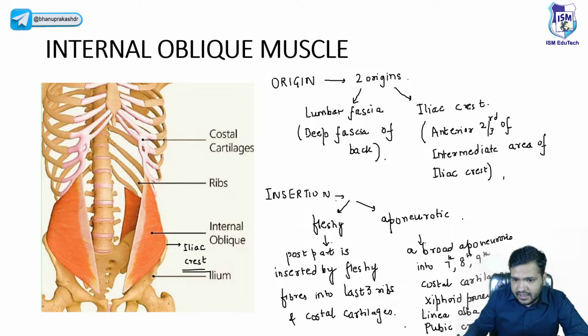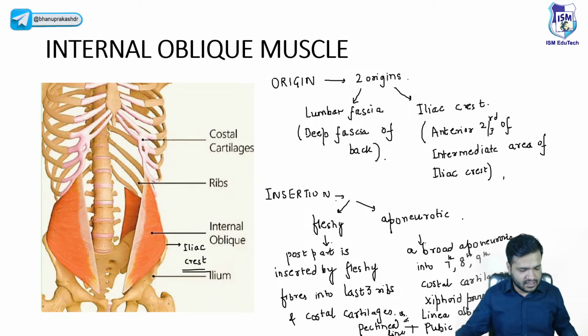This pectineal line I will discuss in detail later on. No need to worry, we will discuss it fully. So I hope the insertion is clear. We have the aponeurotic insertion and the fleshy fiber insertion. I hope this is clear to everyone.